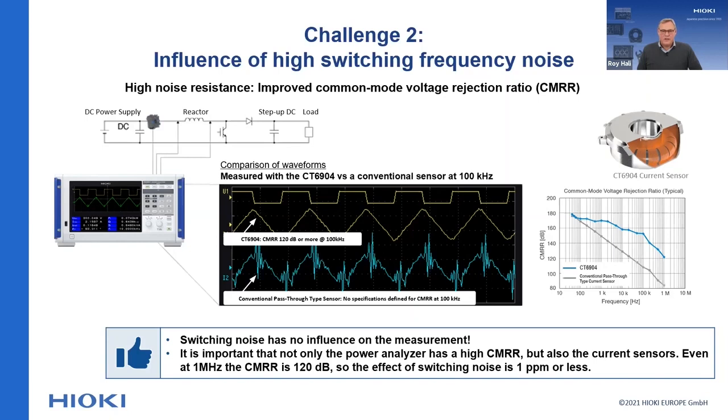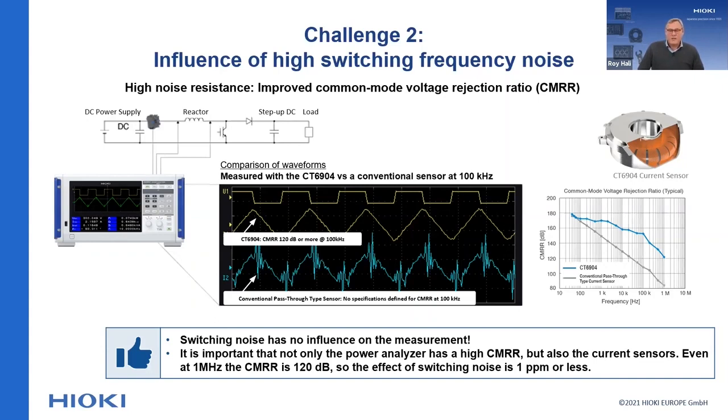If we take a look at trace I2, it becomes clear that this current sensor is not suitable for accurate loss measurements. The yellow trace E1, however, shows a current signal that is not affected by the high frequency switching noise. The reason for this is the high common mode voltage rejection ratio of 120 dB at 1 MHz.